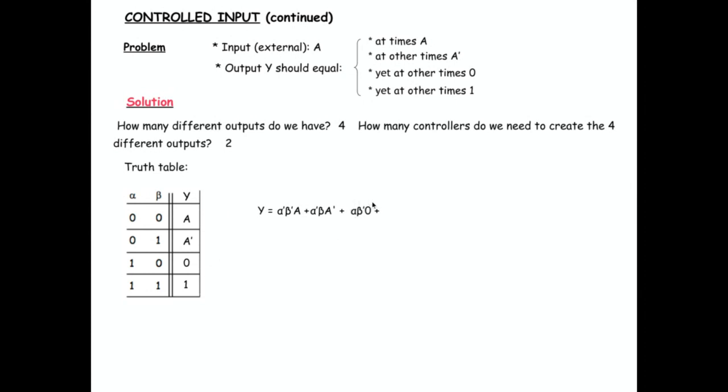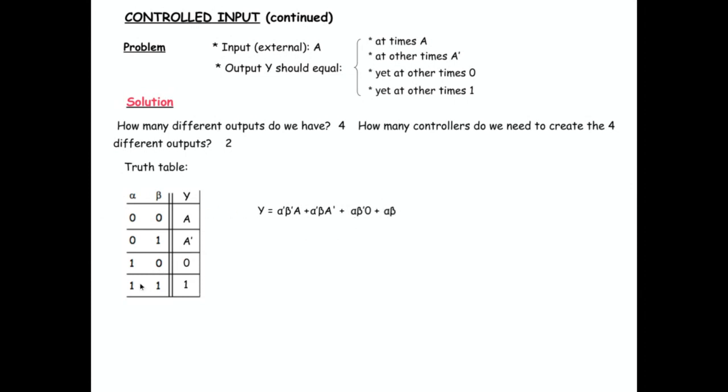And quickly, what happens to this input alpha, not beta, and 0? Anything times 0 is 0, so it goes away, it disappears.